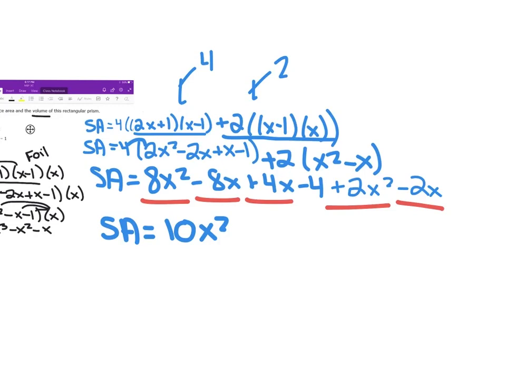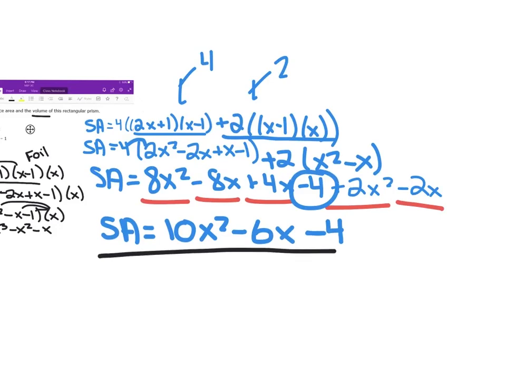So negative 8 plus 4 is negative 4. Negative 4 subtract negative 2 is negative 6x. And then by process of elimination, you're left with negative 4 as your final answer. So we've actually been able to solve for the surface area of a 3D figure.